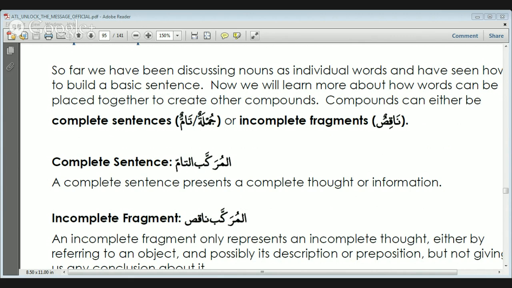If a harf jar comes before a word, or before an ism, the ism becomes, what does it become? Jar. Becomes jar.